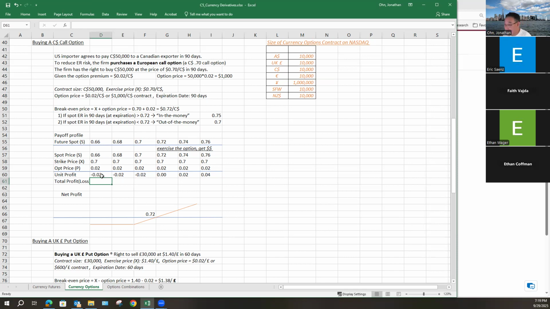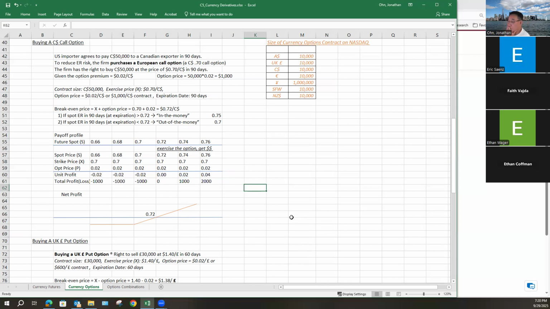I told you this cost is the cost of risk management, right? No matter what, you have to pay. Now, this is unit profit. So let's change the whole thing to the entire amount. So 50,000 times unit profit is this one there. And let's copy and paste there. See?